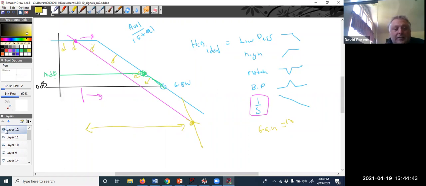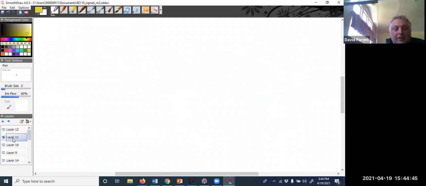But the thing that kind of makes it the same is that we have H(s) of an op amp over 1 plus H(s) of an op amp times G(s).